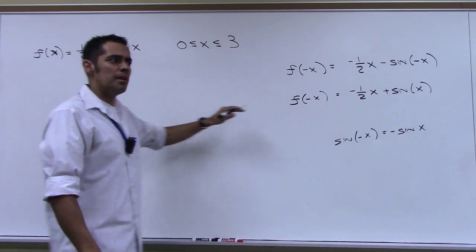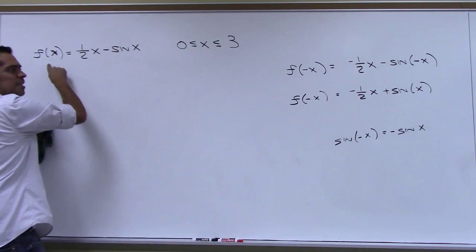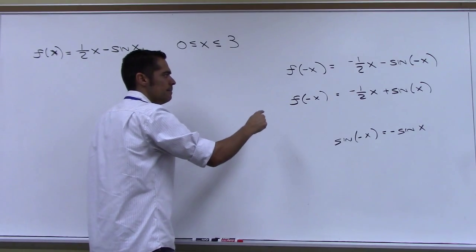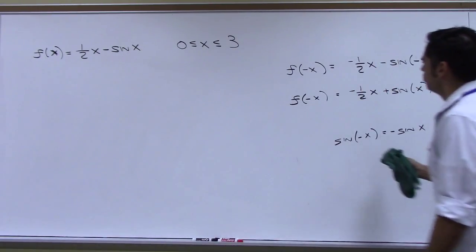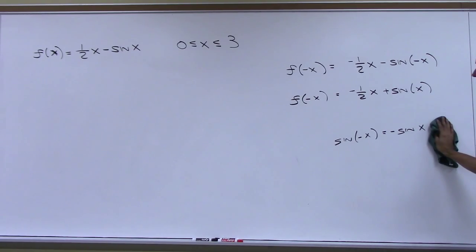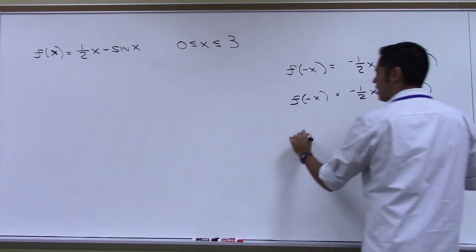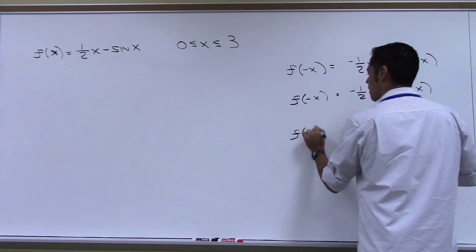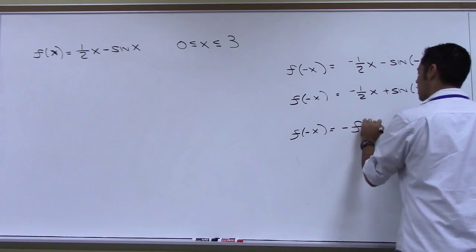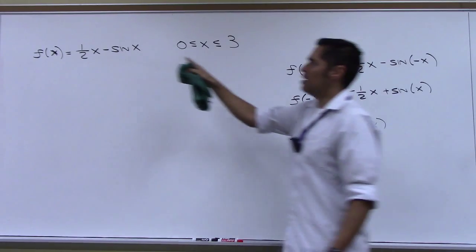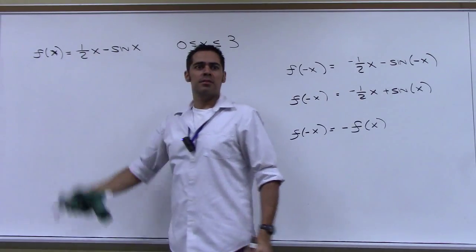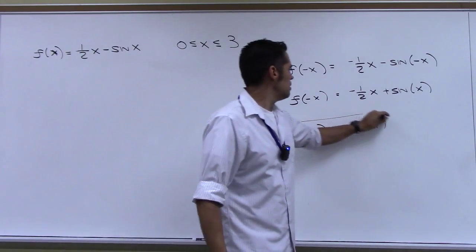And so would you agree that f of negative x is equal to negative f of x? That's what we have going on here, right? This one is equal to this one with a negative. So what does it mean when this is true? It's odd.